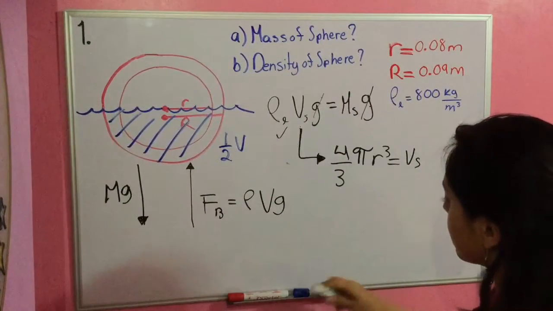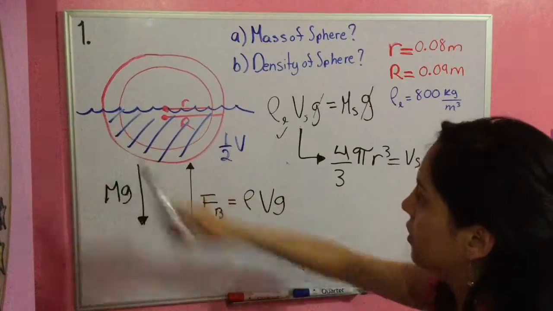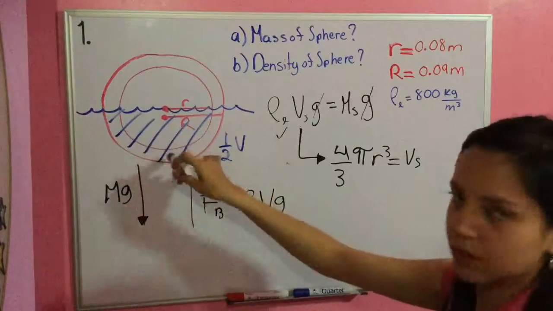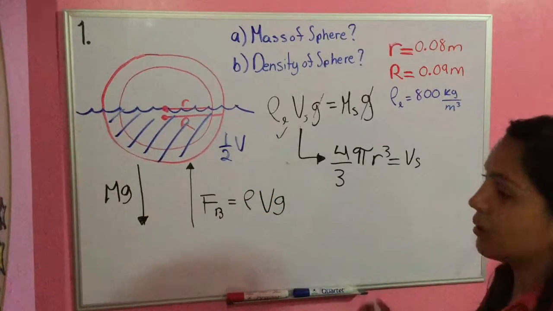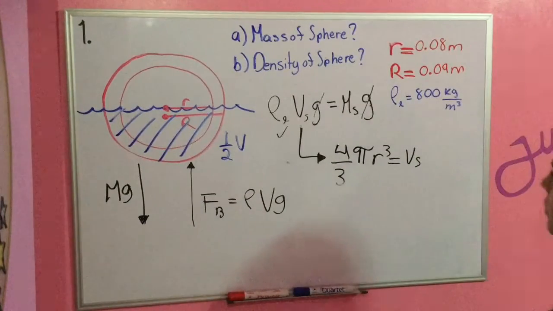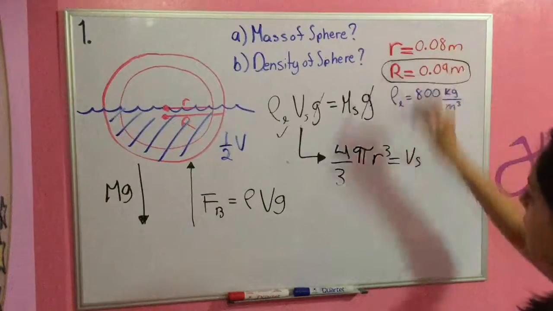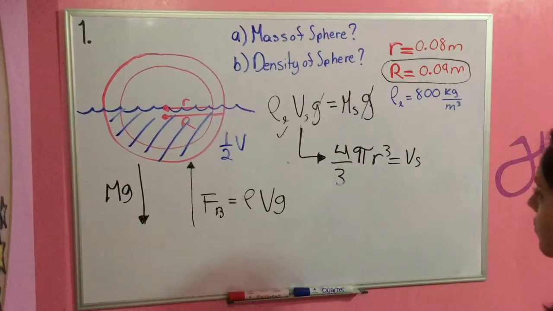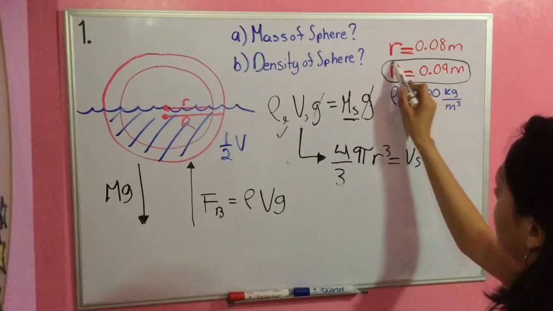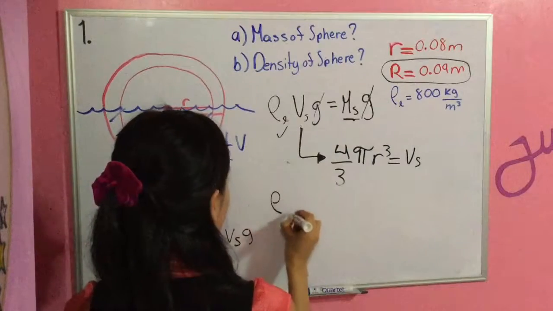Since we are interested in the half part of the sphere, we want the whole volume of this part, even though the problem is saying it's hollow. Since we are only interested in this part, we'll only have to isolate m and substitute this r.